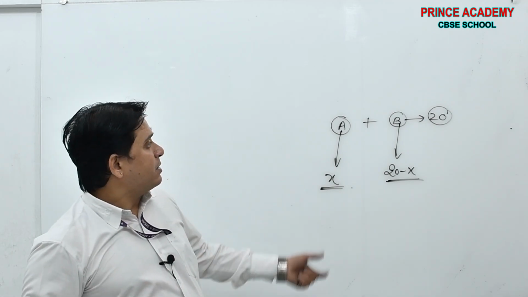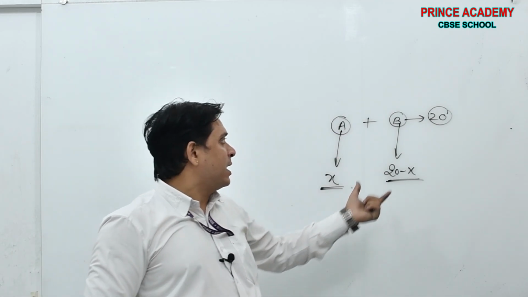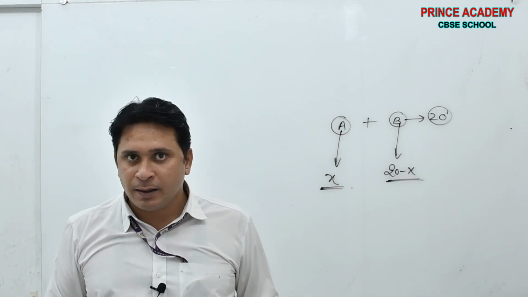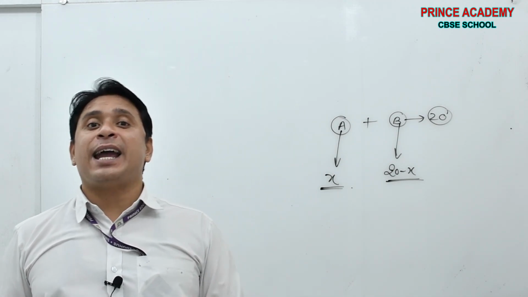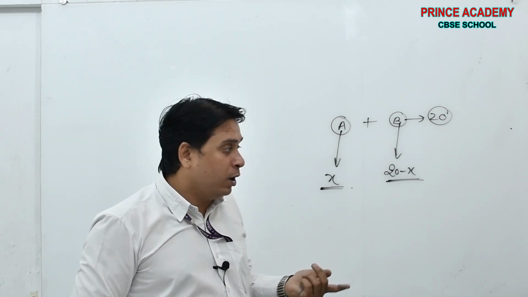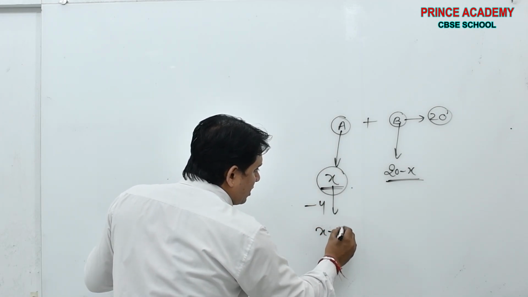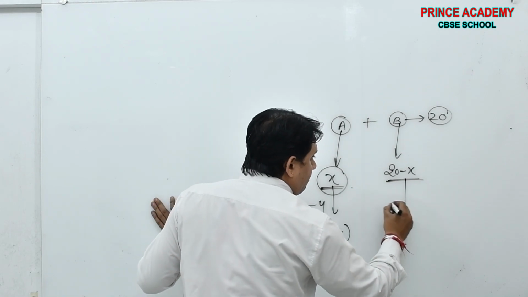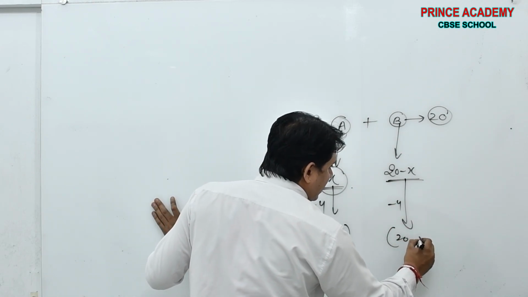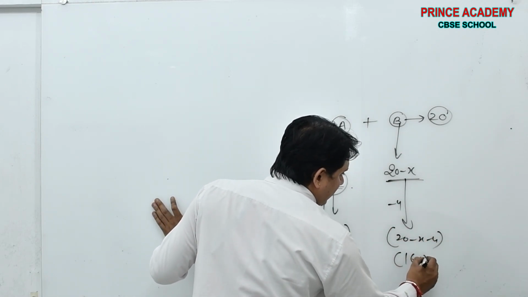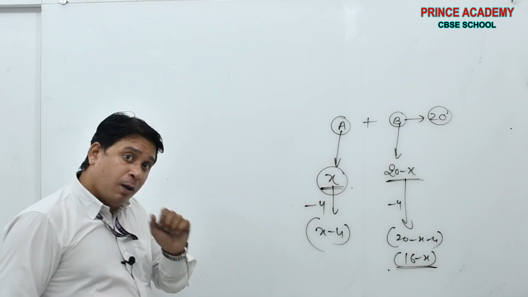Tell me beta. Done. And what is said 4 years ago? 4 years ago, what does it mean? Minus 4. His age was x minus 4, and his was 20 minus x minus 4, that is 16 minus x, yes or no?